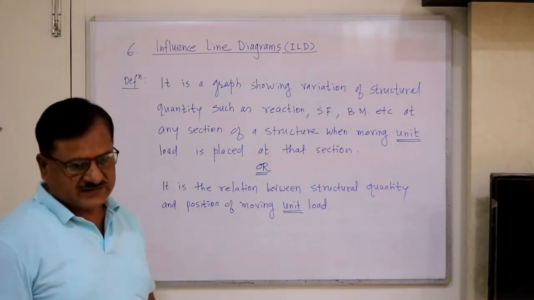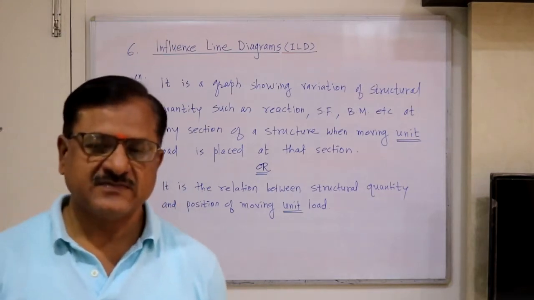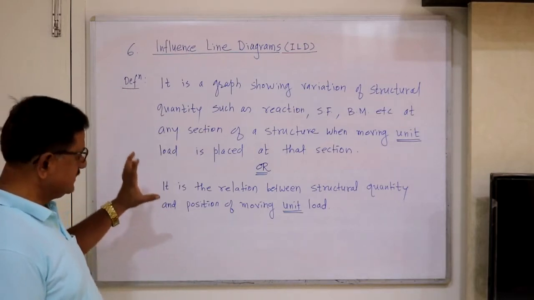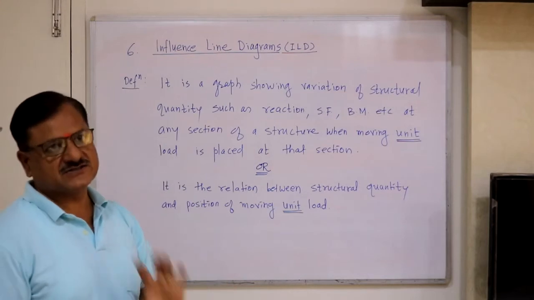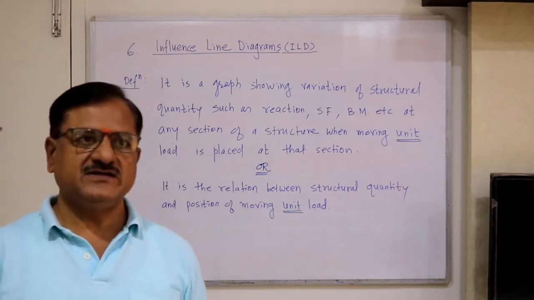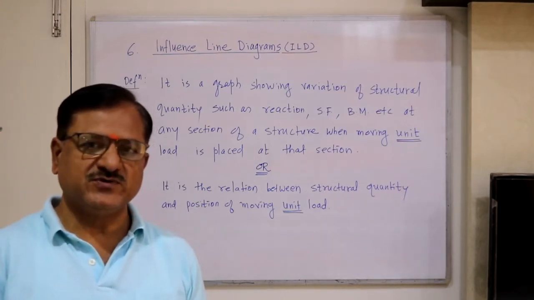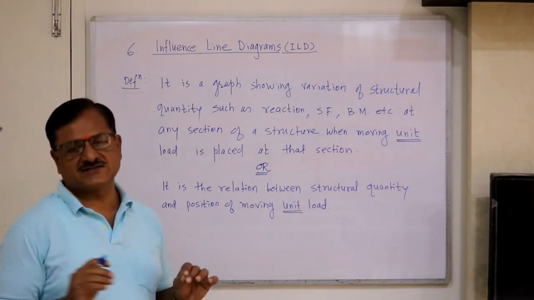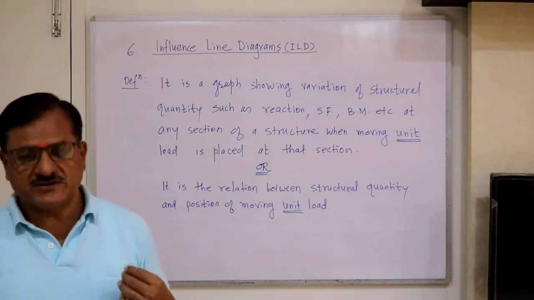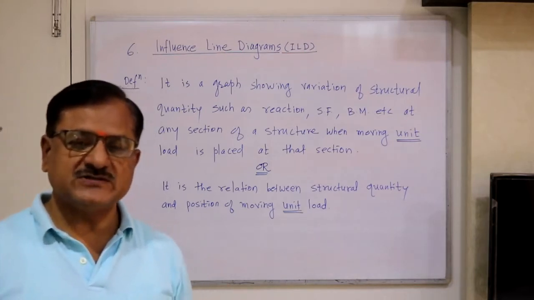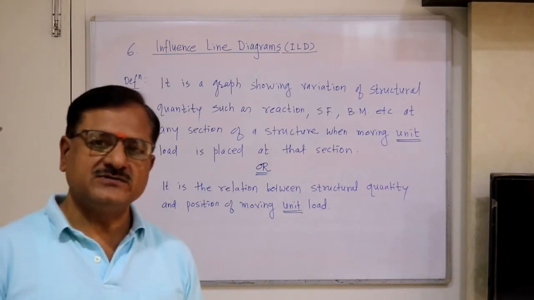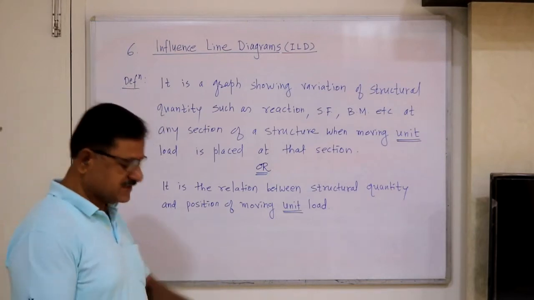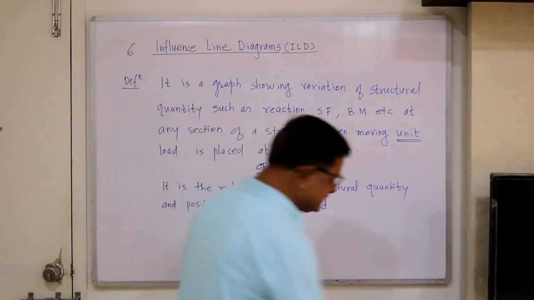Now we will consider one example of how these influence line diagrams are to be constructed to find out a particular structural quantity. When a unit load is moving from one end to the other end, how to calculate various structural quantities, how to draw the influence line diagram, and then how these influence line diagrams are used to find out that particular structural quantity, that we will see.